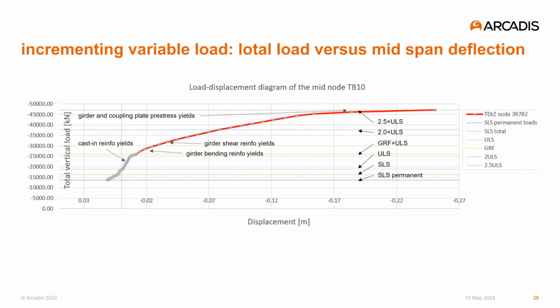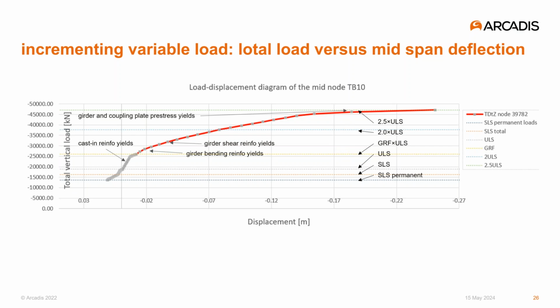In order to state that the structure is safe with sufficient reliability, the failure load should be above the level where the ultimate limit state loads are multiplied with the global resistance factor. So we call this level simply GRF. It's the yellow line in this graph. And from the graph, it's pretty clear that the structure has a lot of margin in the resistance. We could even increment it not to 1.38 times the ultimate limit state, but to almost 2.5 times the ultimate limit state loads.